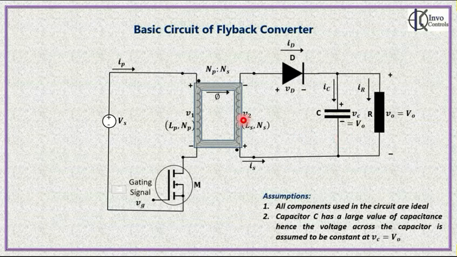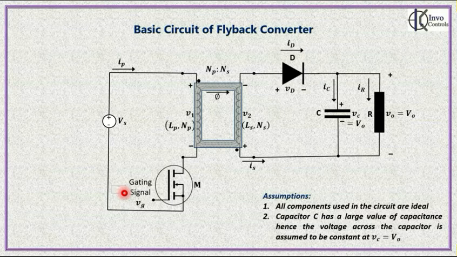Now let's see a little more about the signal applied to the gate of the MOSFET. The gating signal is basically responsible for turning on and turning off the MOSFET. When the gating signal is high, the MOSFET turns on. When the gating signal is low, the MOSFET turns off.